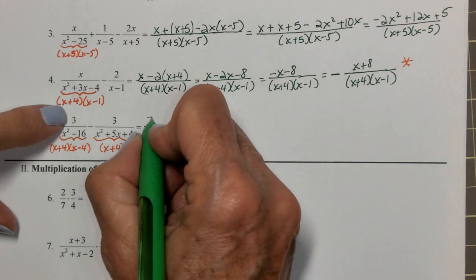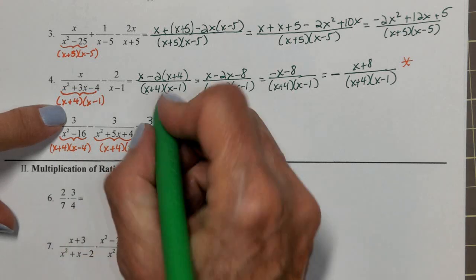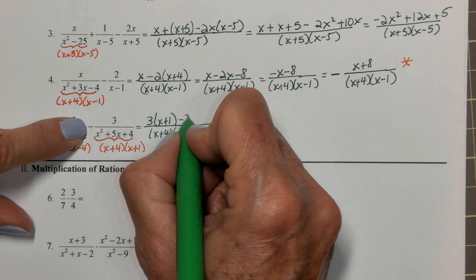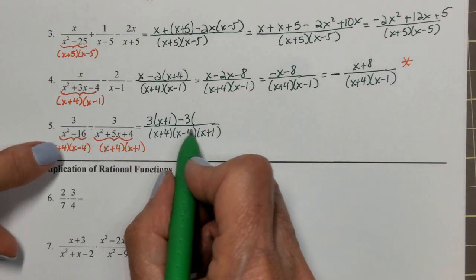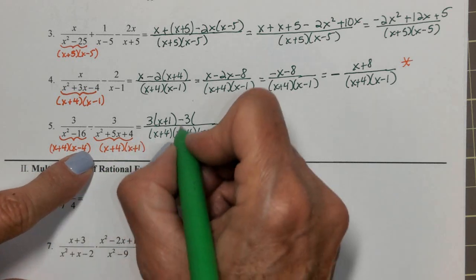So this 3 needs to be multiplied by the x plus 1, minus 3 times, what does the 3 over here need to be multiplied by? It needs to be multiplied by an x minus 4.